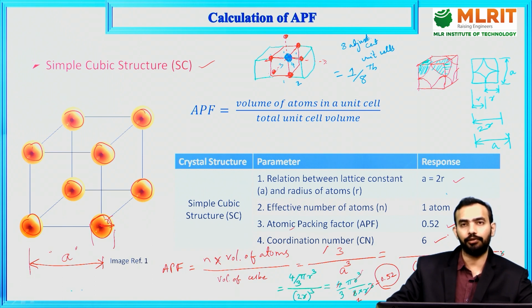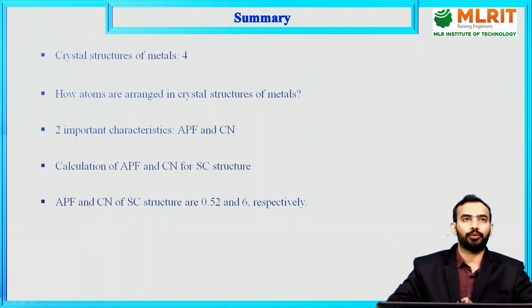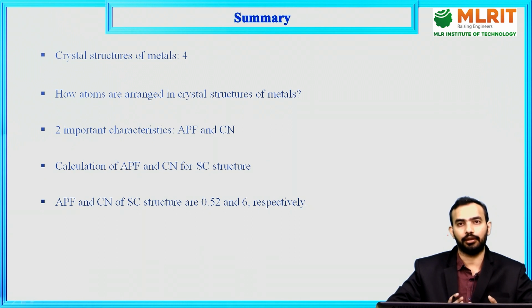Similarly, we can also find out for the face centered crystal structure and the body centered crystal structure. That we will see in the next class. So in summary, we have discussed the total crystal structures that can be present for metals, that is 4 crystal structures. One is the simple cube, then FCC, BCC and HCP.